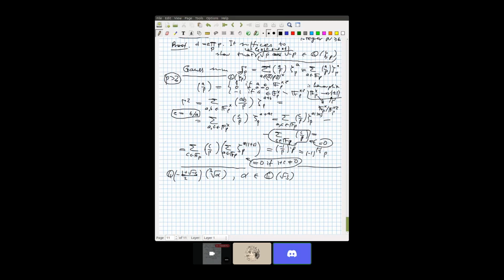Then for each prime we can obtain its square root as an element of cyclotomic extensions, and therefore we can obtain their product as an element of a cyclotomic extension. And we know that all quadratic extensions are of this type, so that's it.